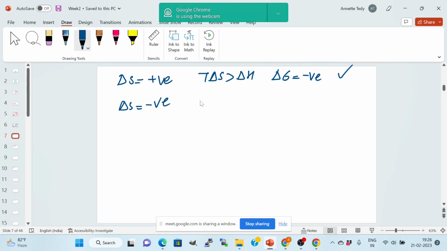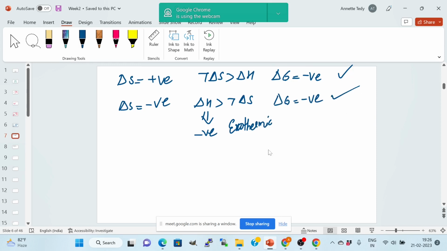When delta S is negative, then the reaction can happen only when delta H is greater than T delta S, but this delta H is negative, that is exothermic reaction. In this case, delta G can be negative. Is it clear? The reaction will also happen.